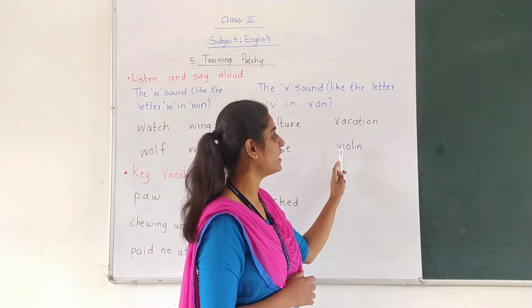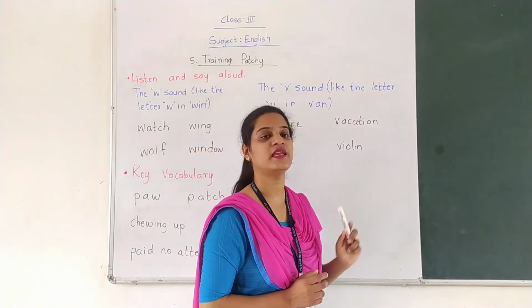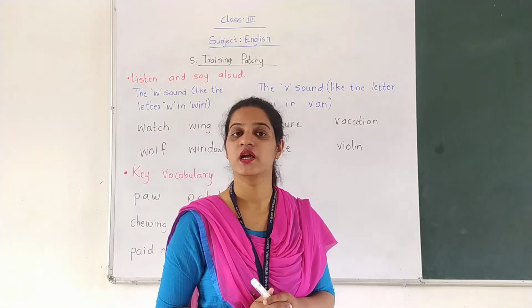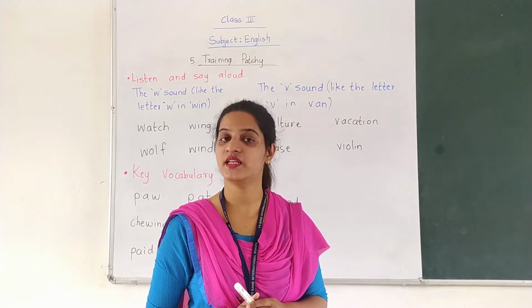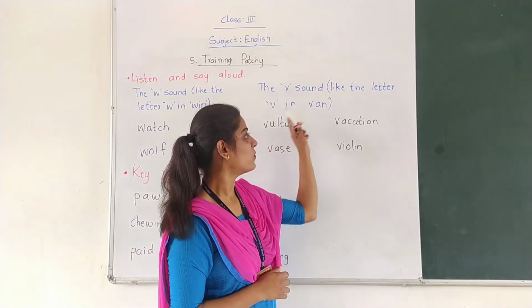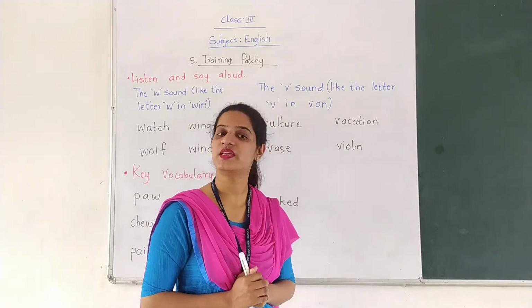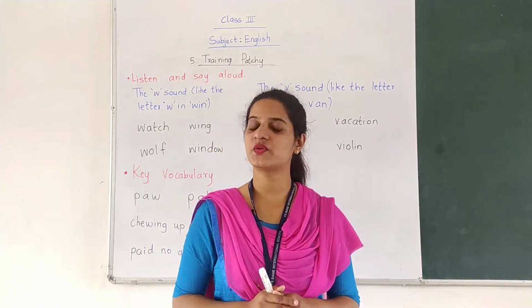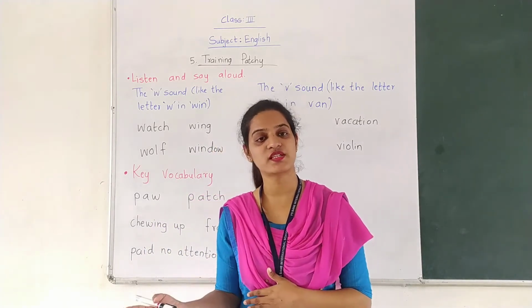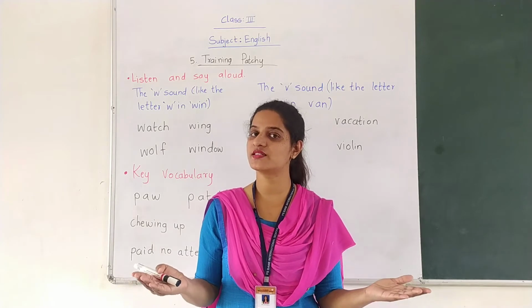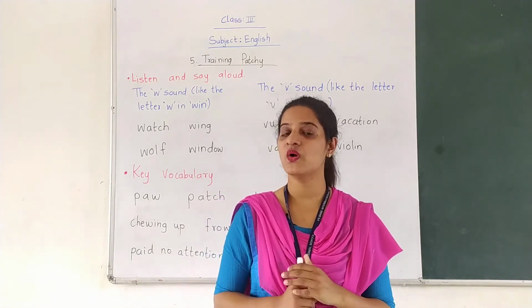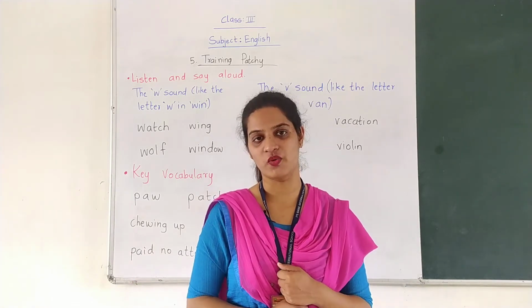Next, violin, violin. What is it? Violin. Now we have read these words with V sound. Now have you understood the difference between the W sound and the V sound words? Okay. Now let us move forward.